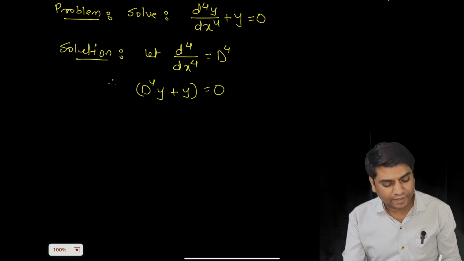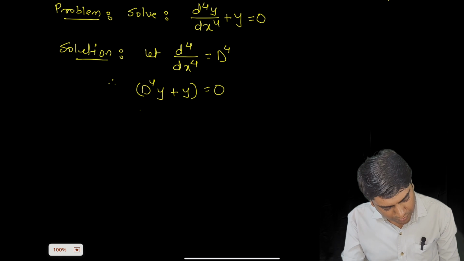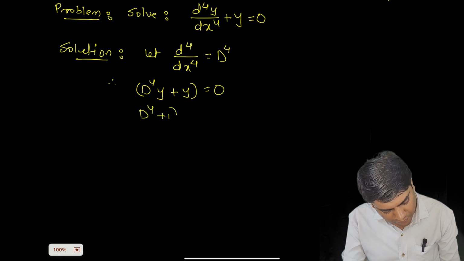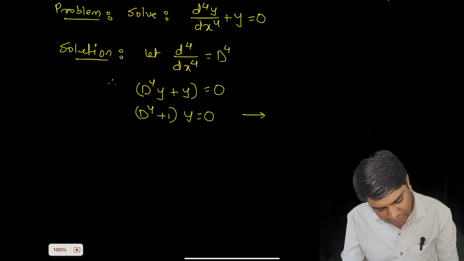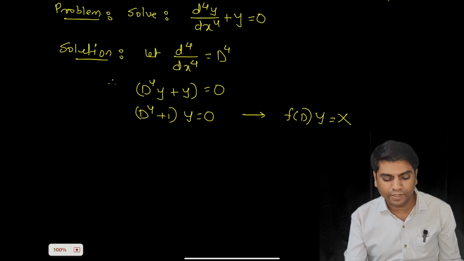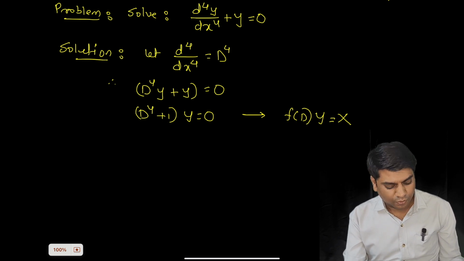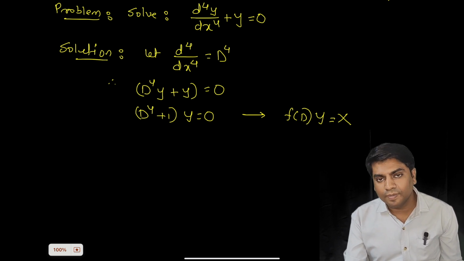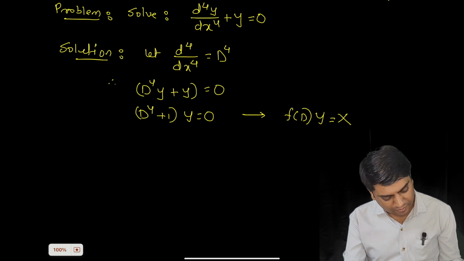Now I can take y common, so D raised to 4 plus 1 into y is equal to 0. This is in the form of f of D into y is equal to x. Now we'll find the complementary function and particular integral here.